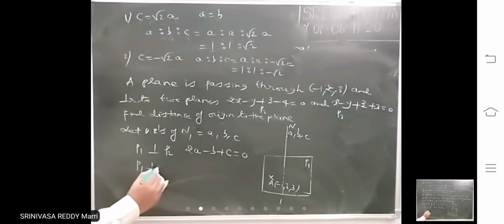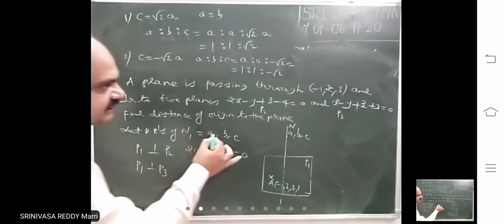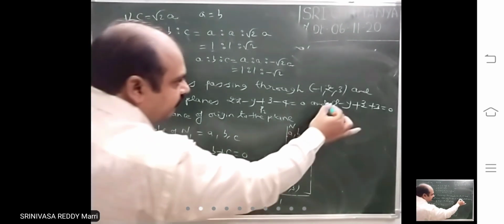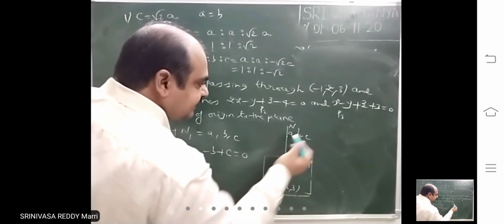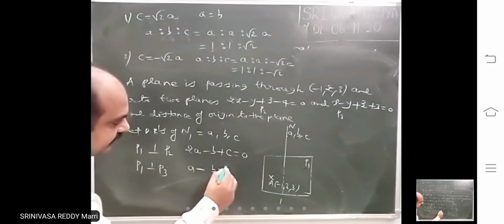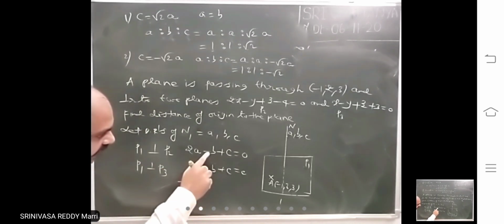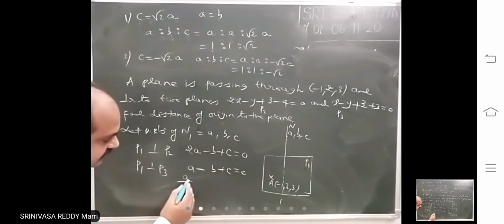Next, P1 is perpendicular to P3. What is the condition? 1, minus 1, 1, and A, B, C for this. Therefore A minus B plus C equal to 0. Two conditions on A, B, C. Solve this. A divided by minus 1 plus 1, 0.